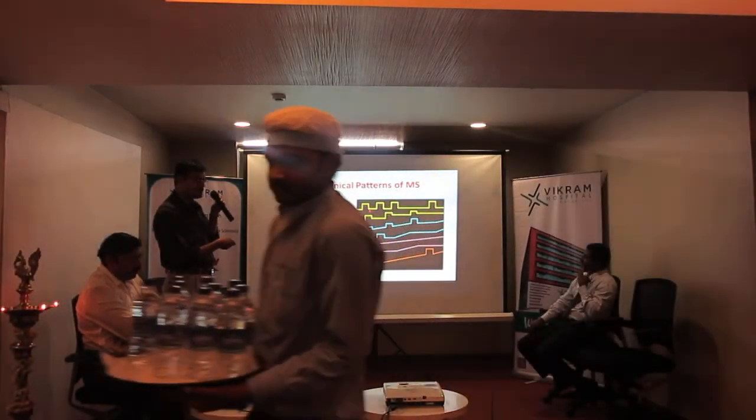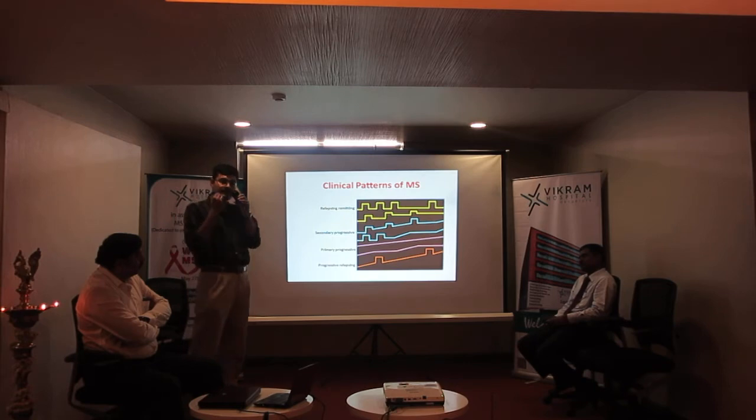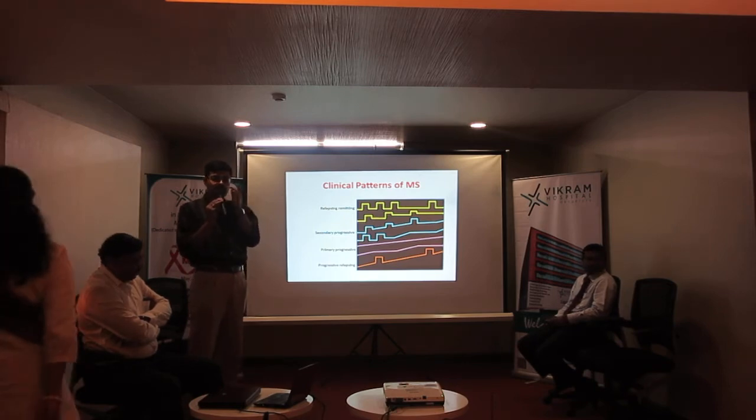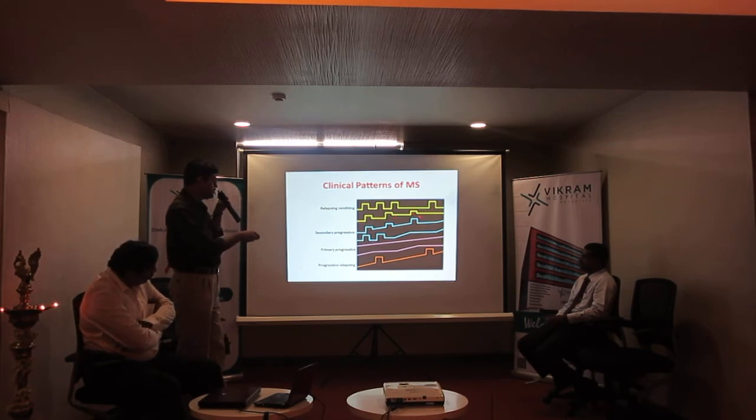Then he or she comes back almost to the baseline, maybe with some residual deficit, and they keep getting episodes like this. On each occasion, the recovery is significant and they almost come back to baseline. Over a period of time, some amount of deficits tend to develop, which is shown in the second bar.